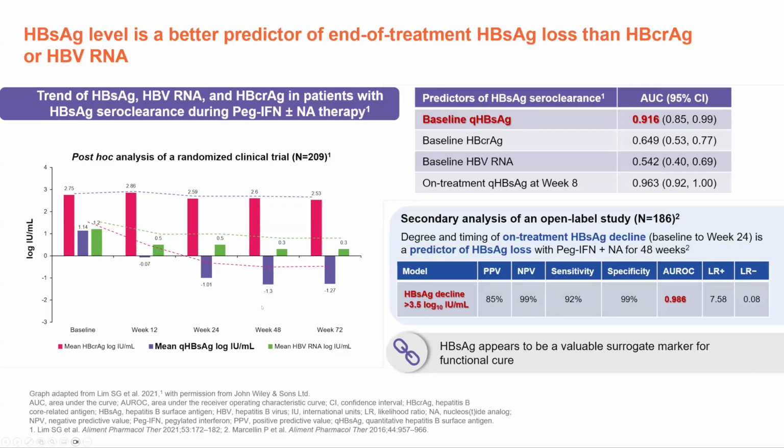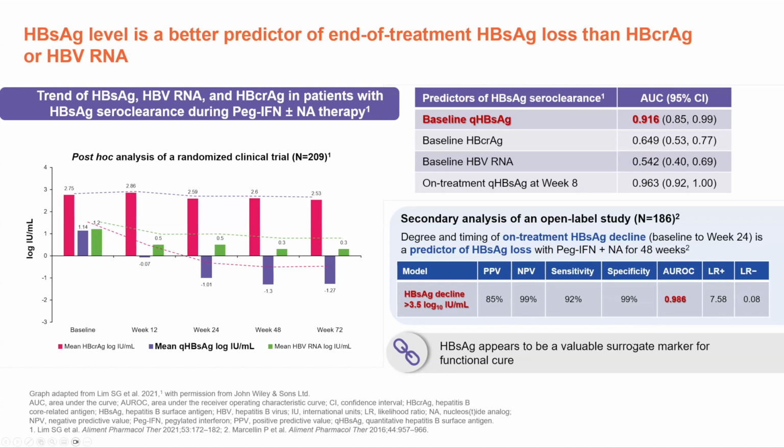So among the markers to predict future HBs antigen loss, quantitative S antigen has the highest value, which was higher than other biomarkers such as core-related antigen or HBV RNA. In this post-hoc analysis, baseline quantitative S antigen gave an AUROC value of about 0.92, which is very high, well above core-related antigen of 0.65 and HBV RNA of 0.54.